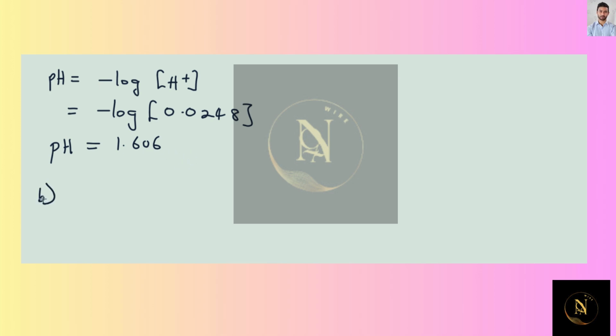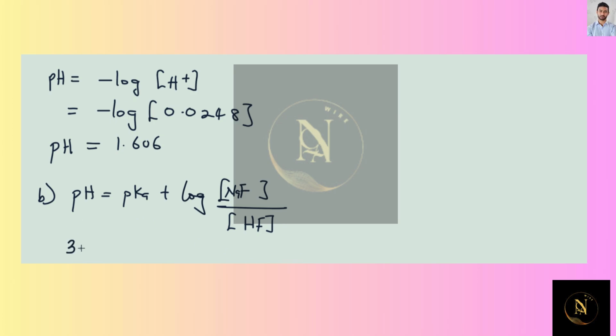Part B asks: how many grams of sodium fluoride should be added to prepare the buffer solution of pH 3.0? We know the pH is pKa plus the logarithm of fluoride over hydrofluoric acid, or the sodium fluoride over the acid.